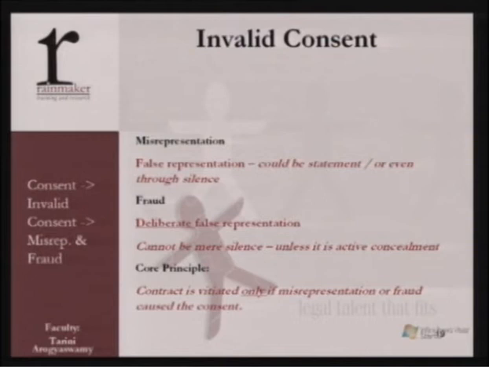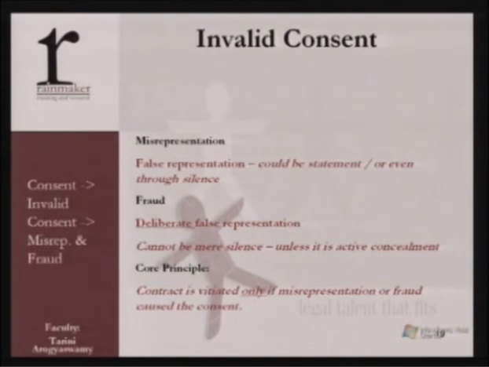We also have another legally vitiating factor which could make the contract voidable: fraud. Similar to misrepresentation, but different because it involves deliberate false representation. Misrepresentation is not deliberate. Fraud is. Therefore, it cannot be through mere silence.